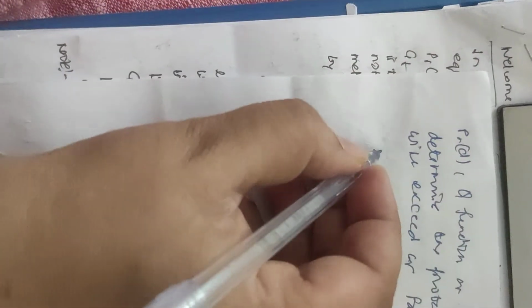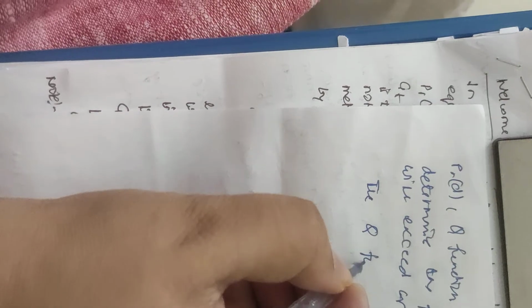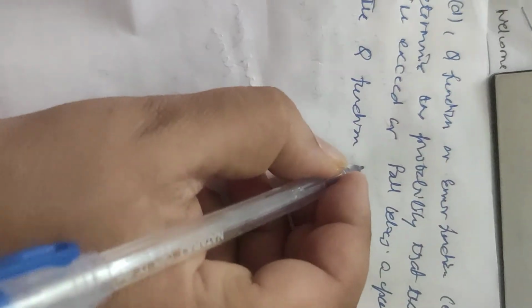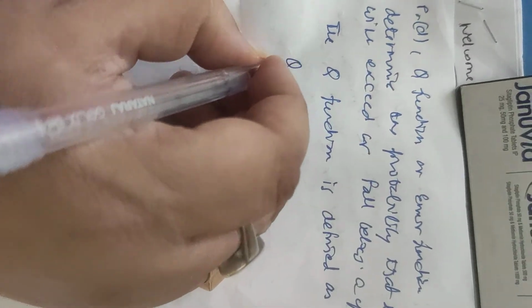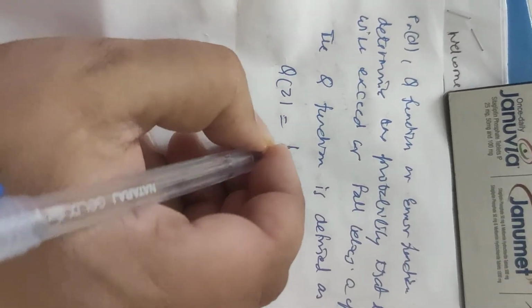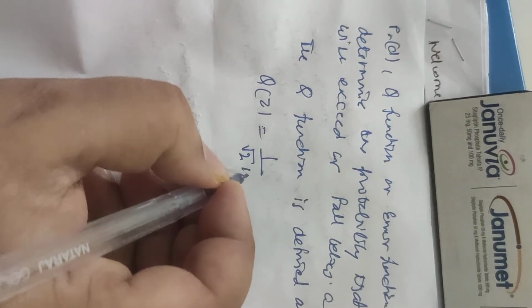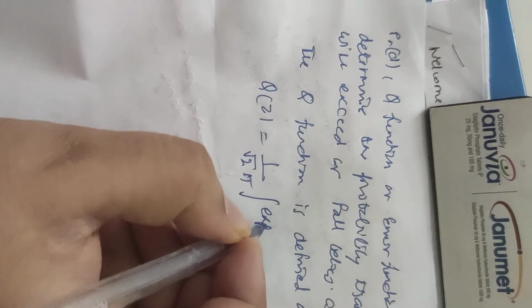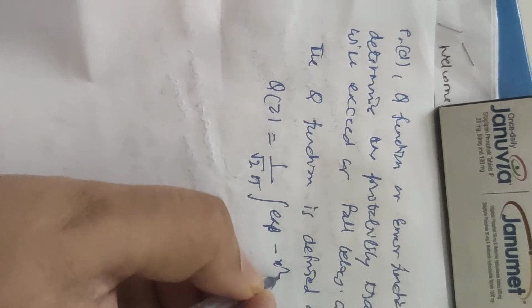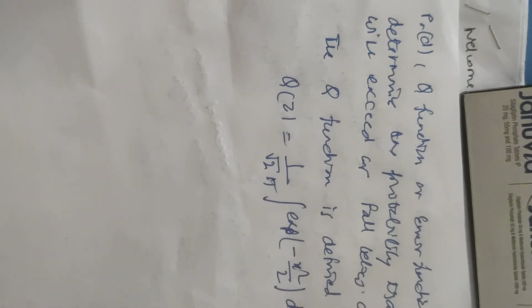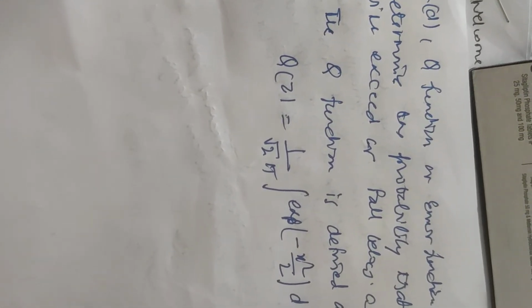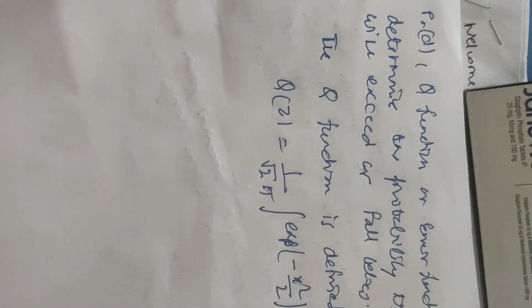So the Q function is defined as Q(z) = 1 upon root 2 pi times the integral of e to the power minus x square by 2 dx, which is 1 by 2 times the error function of z upon root 2.